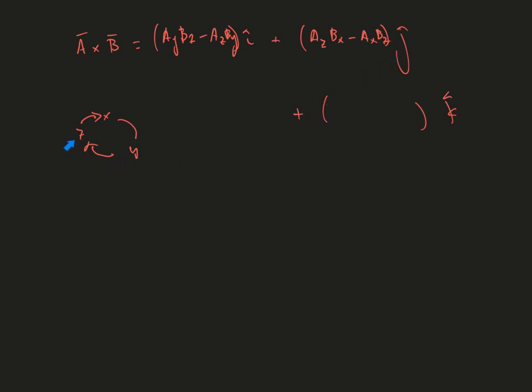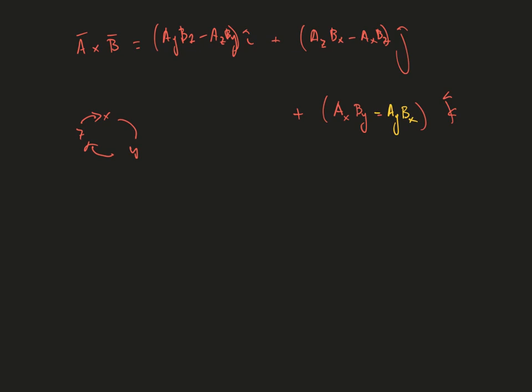The next one will be Z by X, X by Z. And the K component will not involve any Z component, so it will be AX BY minus AY BX. Let me see. If I go here, this is the Z component. The next one is X, XY, YX. It's okay. I think it's the same thing that I wrote before.